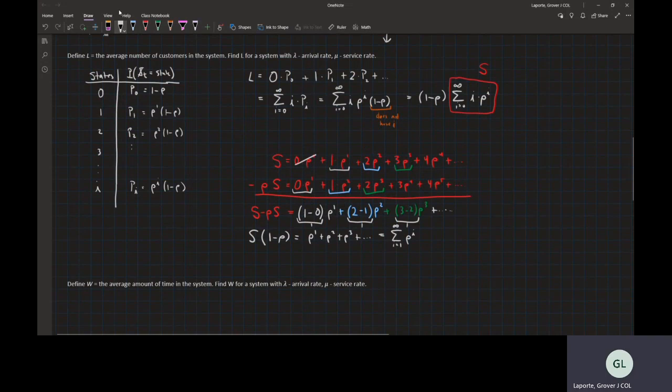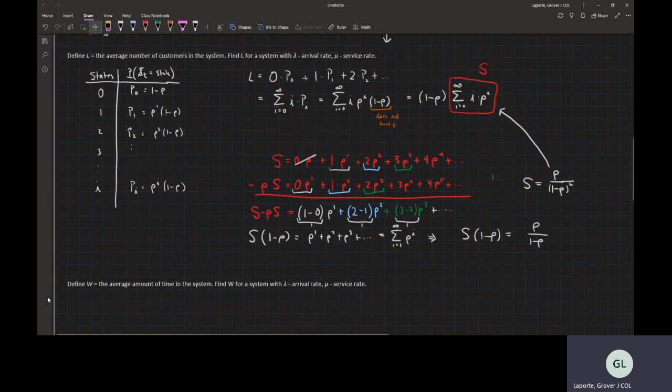So this results in S times 1 minus rho is equal to rho over 1 minus rho. So we know that S must be equal to rho over 1 minus rho squared. All right. So now we can take this S and substitute it back into here and actually get the result that we're looking for. So here, let me put a little bit of space in here. I don't think I have quite enough yet.